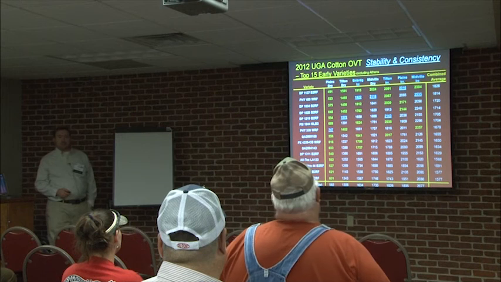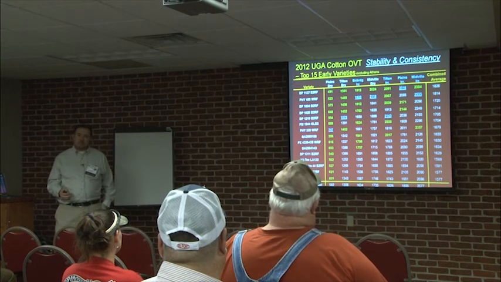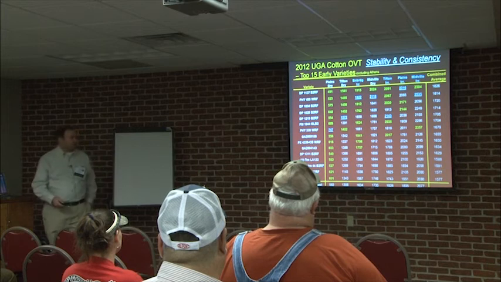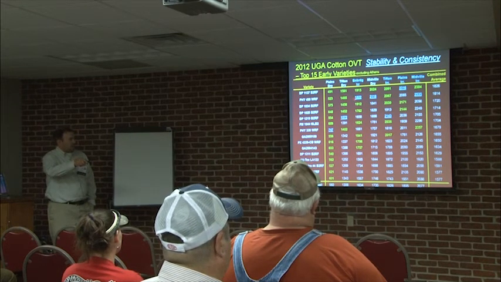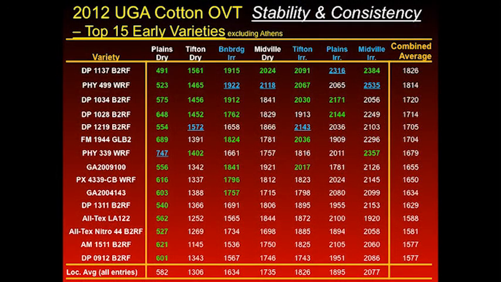All right, looking at OVT, one advantage of small plot OVT is that we have a lot larger list of varieties that we can compare in a given trial. Here I highlight the number one variety in each trial in blue, and everything you see in green is statistically the same as the top yielder in each trial. OVT is broken down into early and late maturity categories, and some of these varieties we're going to talk about appear in both situations.